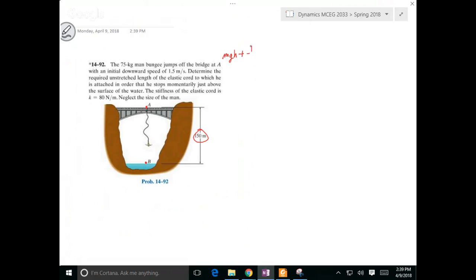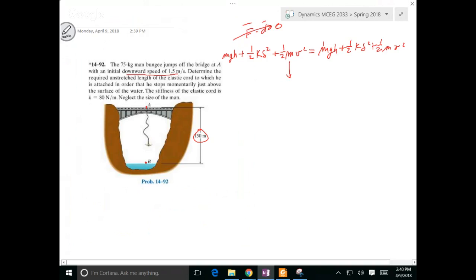MGH plus 1/2 K delta squared plus 1/2 MV squared. There's no extra F dot D, so I'll save myself the space of putting that in there. Okay, so the bungee jumps off with an initial downward speed of 1.5.